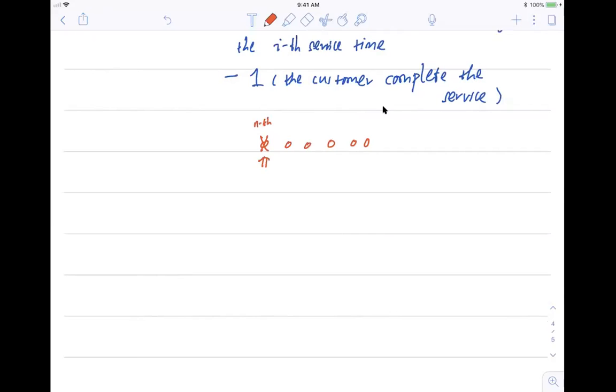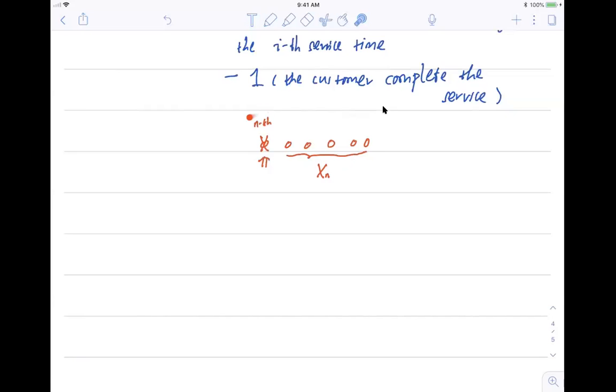This is the total number of people waiting there, and this number is just xn. You might feel unsure about that, but I can tell you, this is just xn, the total number of people waiting in the queue.